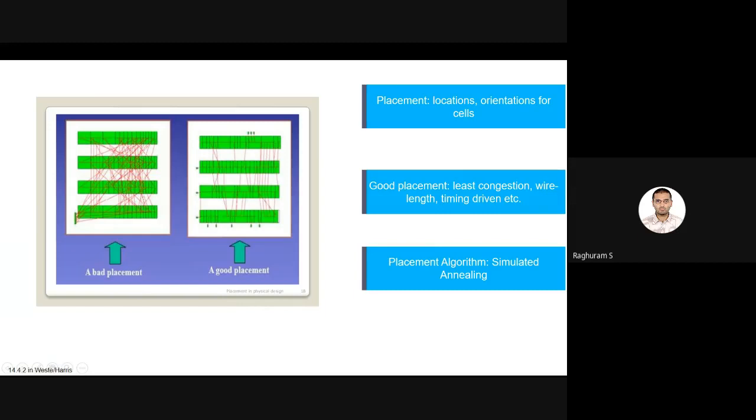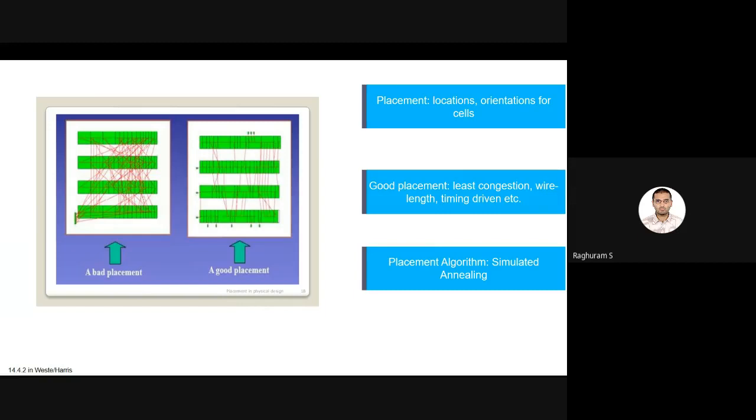And again, there are many algorithms, completely dependent on the tools. There are many algorithms which do it. Nobody does it by hand. One algorithm I have mentioned here is called simulated annealing. You can look into it, but annealing in mechanical engineering is the way in which molten material is made into a solid with very good strength.